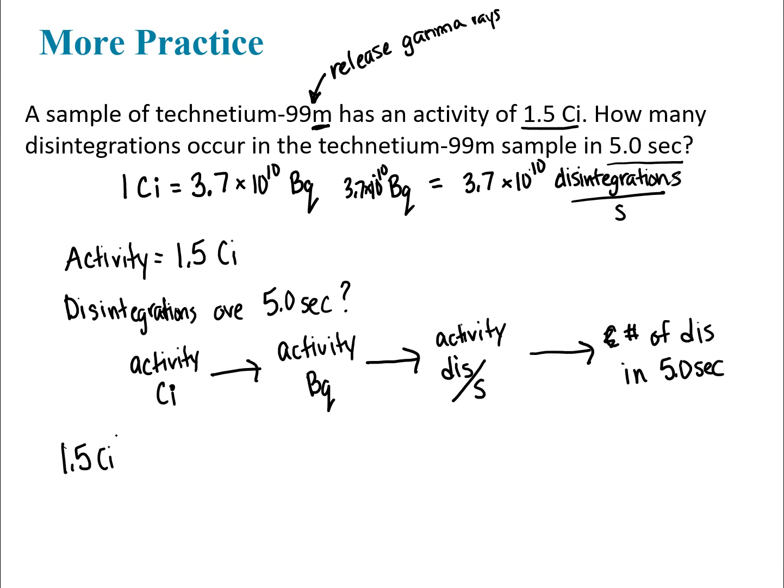We're starting with our activity of 1.5 curie. The relationship between the curie and the becquerel: 1 curie is 3.7 times 10 to the 10 becquerel. I'm trying to cancel out curies, so should I put curies in the top or the bottom of this conversion factor?